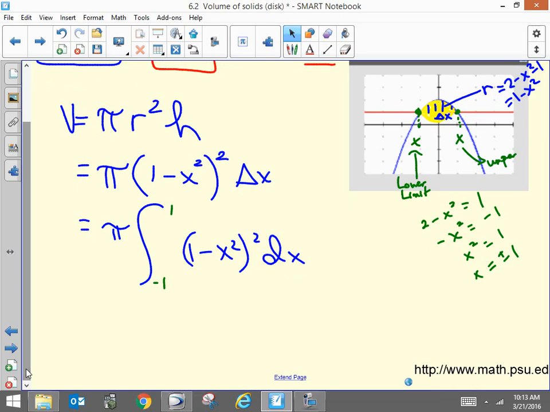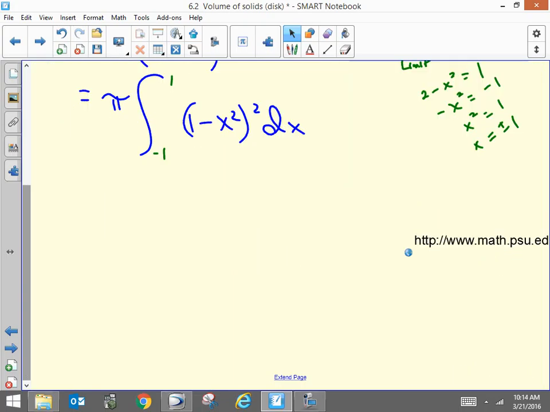If you were doing this by hand, what would you do first? Next, square it out. You can go ahead and throw it in your calculator. I'm going to do it by hand, just as I can.